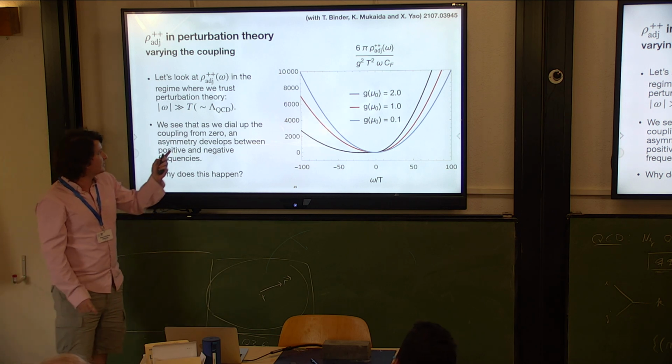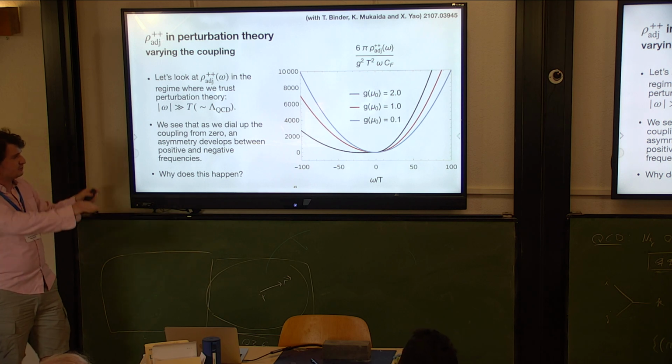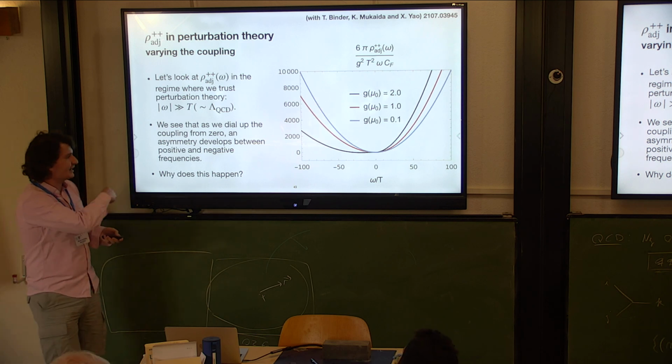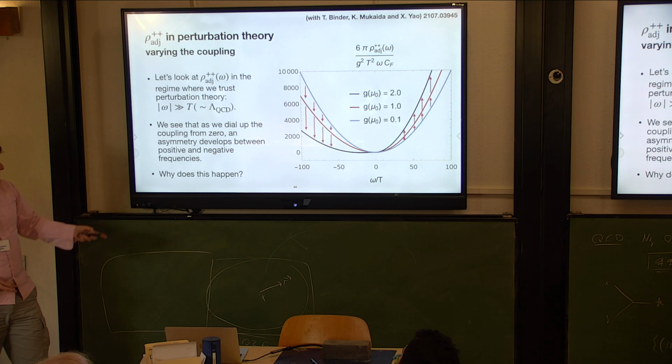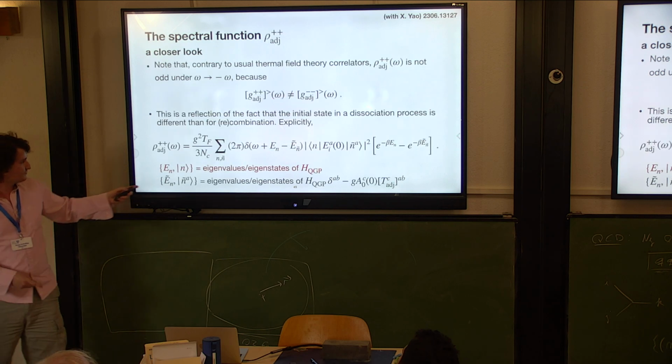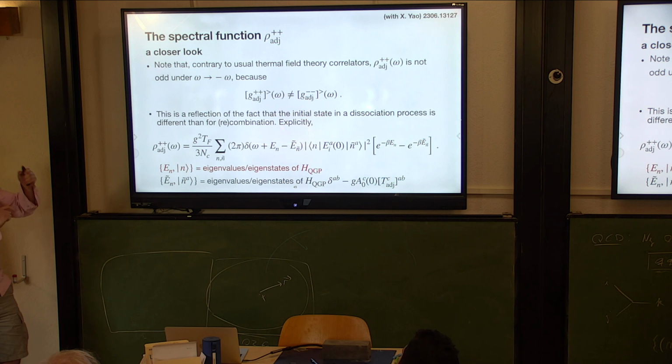And what you see is that this spectral function develops some asymmetry between positive and negative frequencies, which is puzzling. The reason why this happens is because in this system, from the point of view of the quark-gluon plasma, you're transitioning between two Hamiltonians. You have one Hamiltonian for one period of time where you don't have any color charge that's visible for the QGP degrees of freedom.